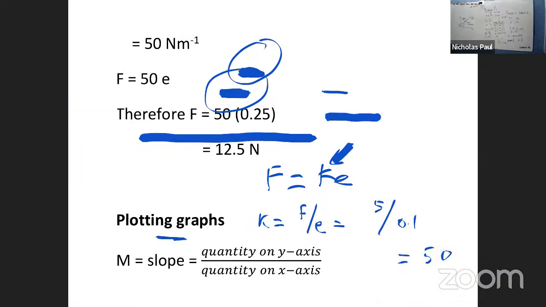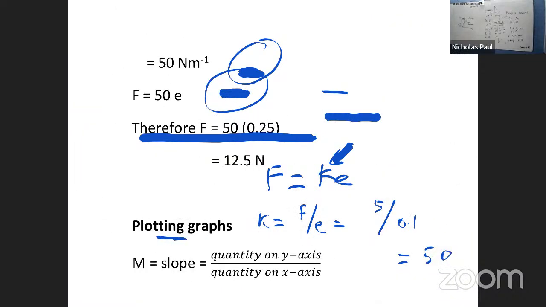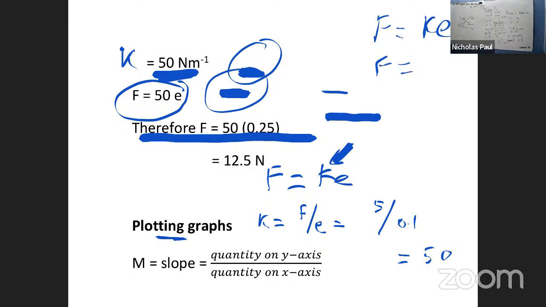Once you know the value for K, we can plug it back into the formula. F is equal to KE, so F is equal to 50E. All I have to do is plug in the E value.